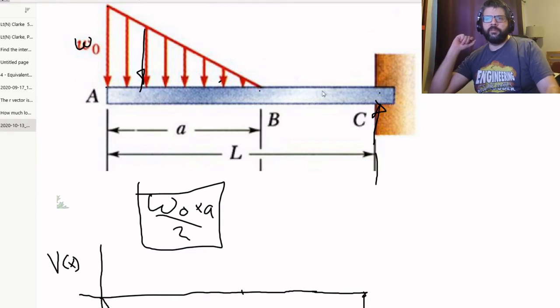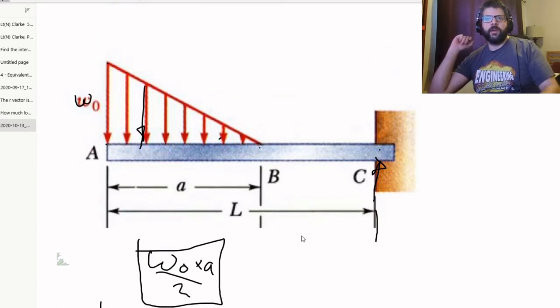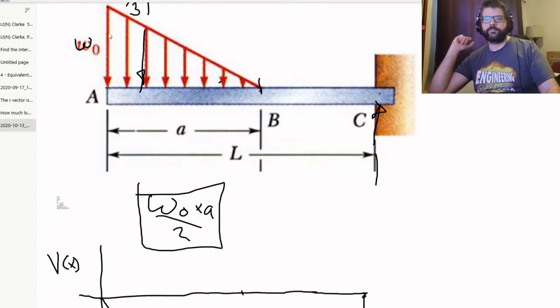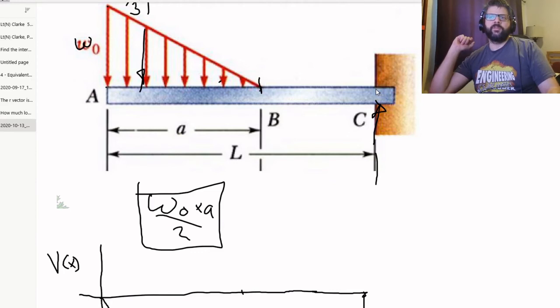We're not given the distance between B and C, but we've got L and we've got A. So we know that the resultant for that triangle is going to be acting A over 3 from this end, whereas if we're measuring it from this end, it'd be 2/3 A. So the moment arm from C to wherever that force acts is going to be L minus A over 3.